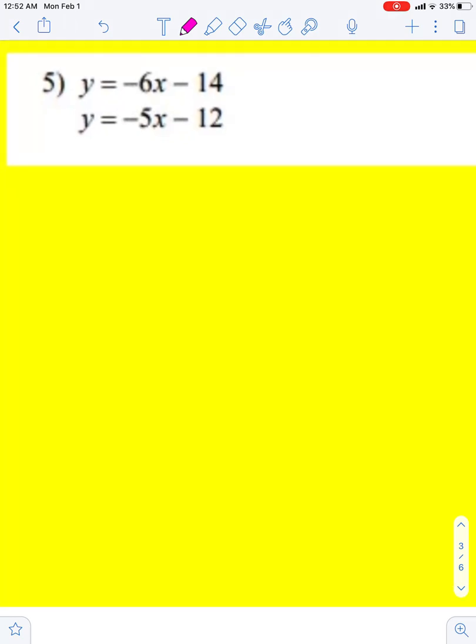So down here, I have negative 6x minus 14 and negative 5x minus 12. So we're going to do the same thing, set those equal to each other, and then leave room to solve for y.